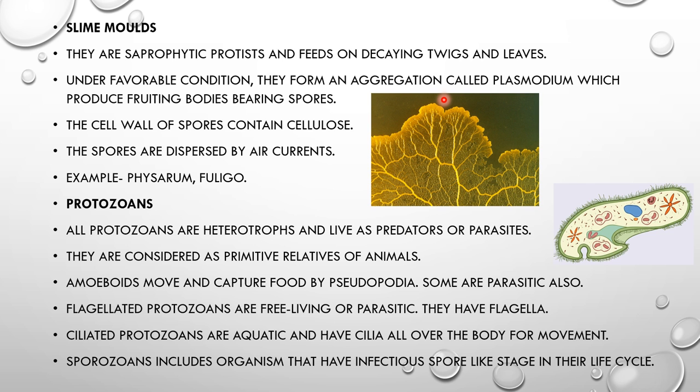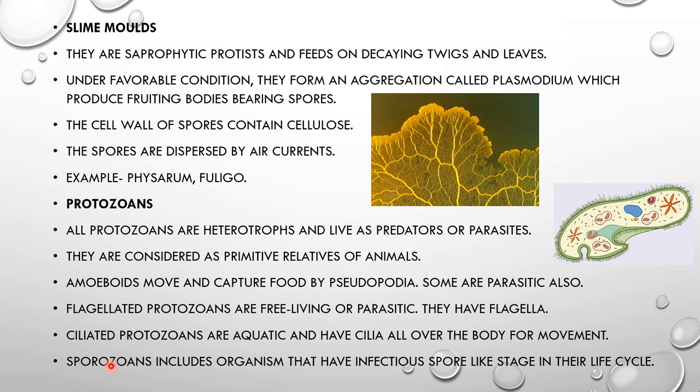Next one is the protozoans. Now let us see what protozoans are. All the protozoans are heterotrophs and live as predators or parasites. They are believed to be primitive relatives of animals.